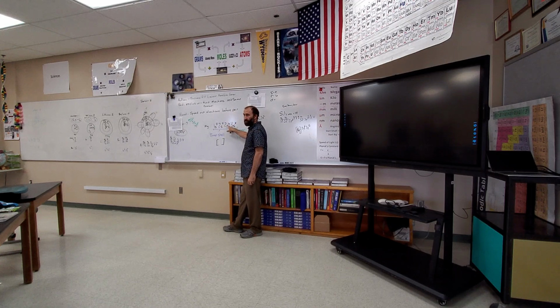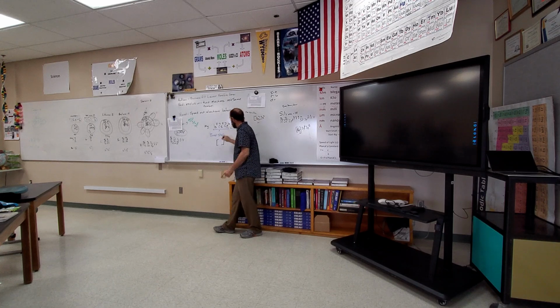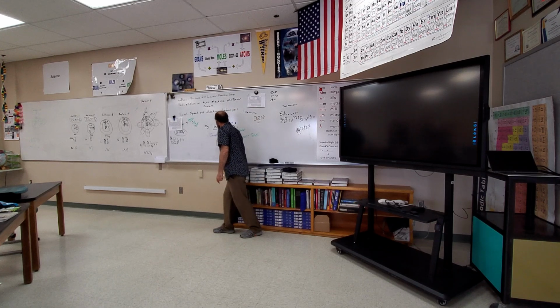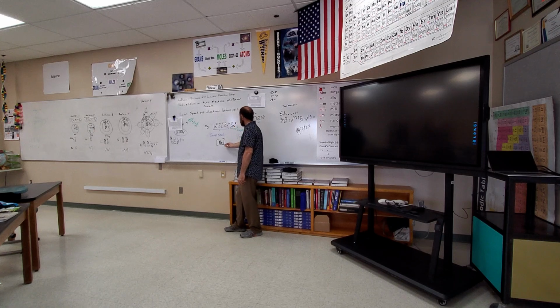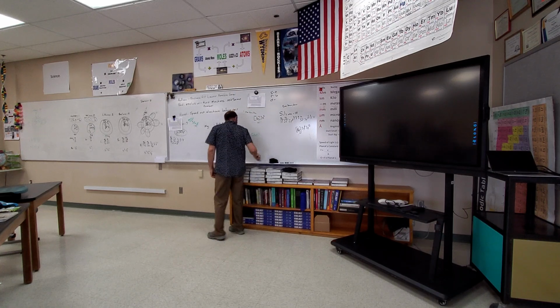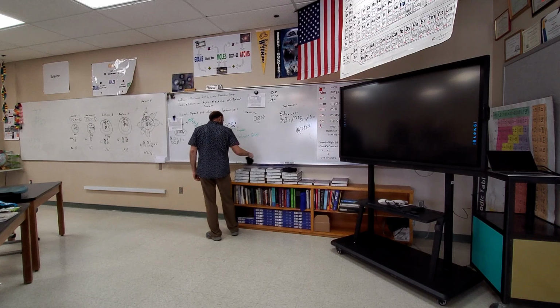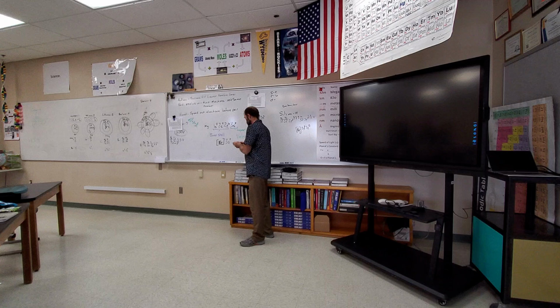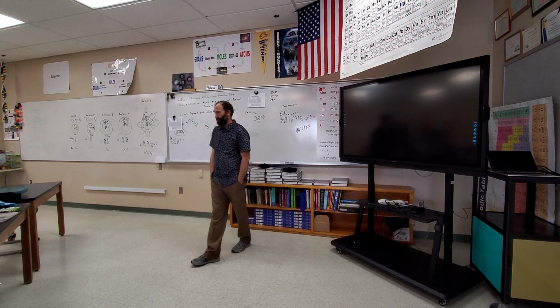Who is 1s2, 2s2, 2p6? Neon. And then all we have to do is list the valence shell electrons in our configuration.